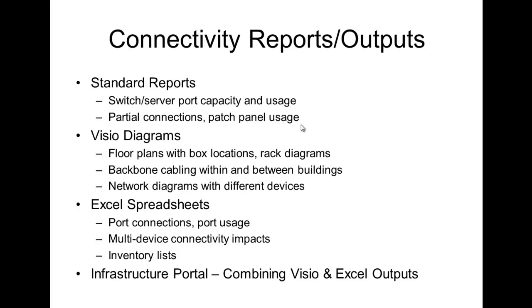It will also generate different types of Excel spreadsheets, which include both inventory lists and multi-device connectivity impacts. So if we were to reboot 5 switches as part of a network transformation, then we can tell you what's connected to them in one go and also what their services do, in conjunction with our SysMap software. You could also use any of these outputs and refresh them automatically into an infrastructure portal, which is covered under another video.